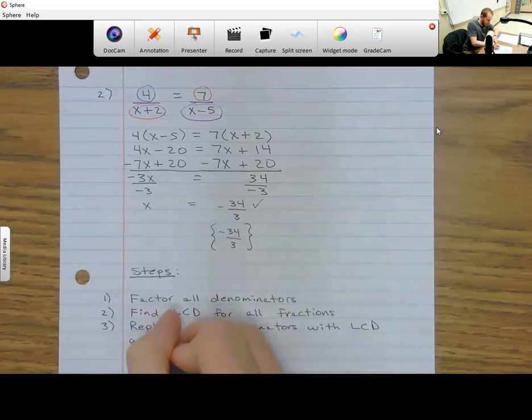And you want to replace all the numerators, which would just be the tops of the fractions, right?